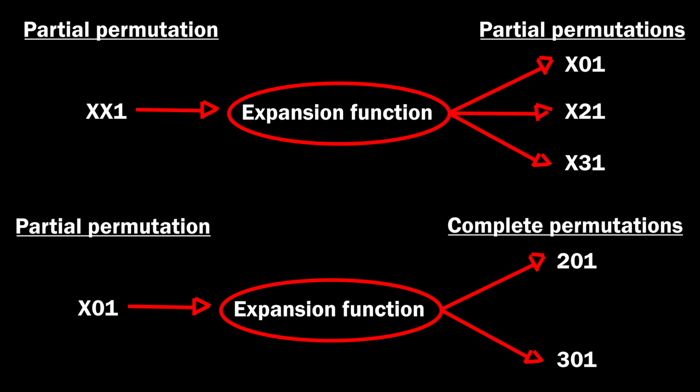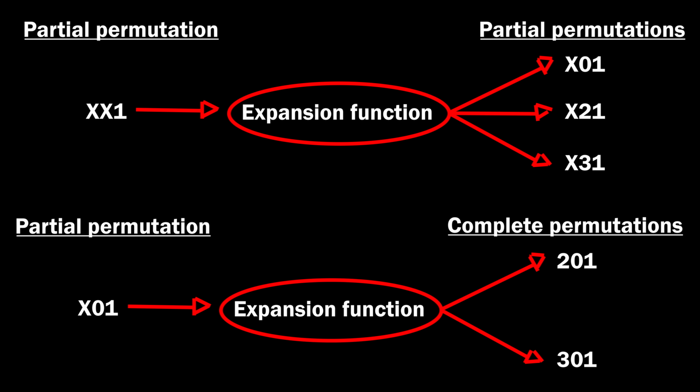So in other words, the expansion can take a partially completed permutation, which is partial because some of the slots are populated and other ones are not, and it can expand this into a set of more complete or possibly fully complete permutations.